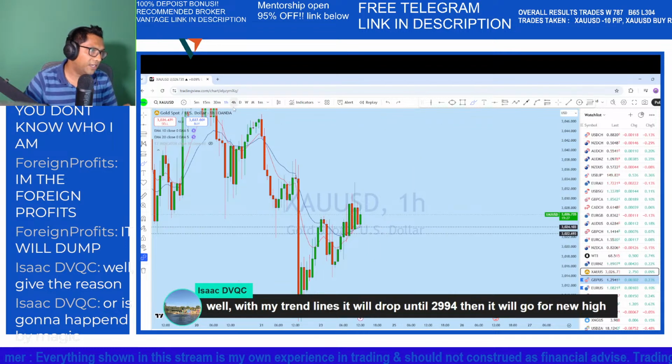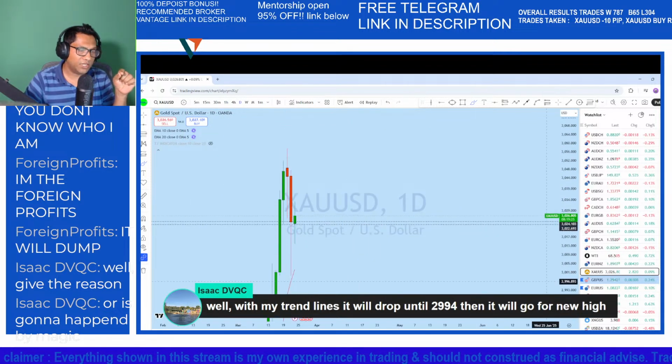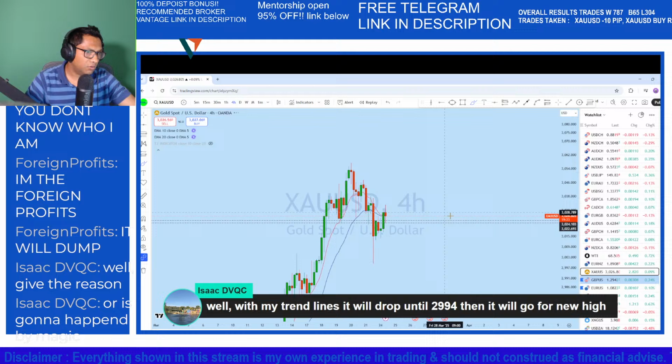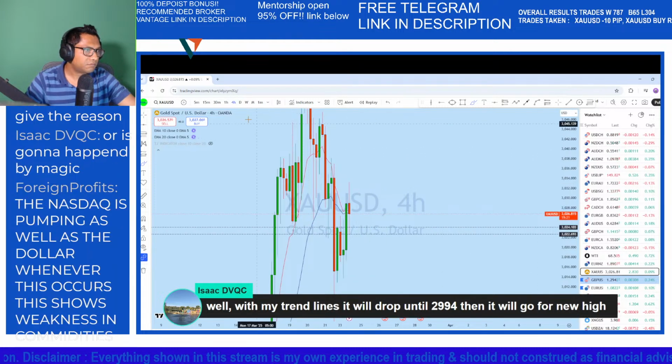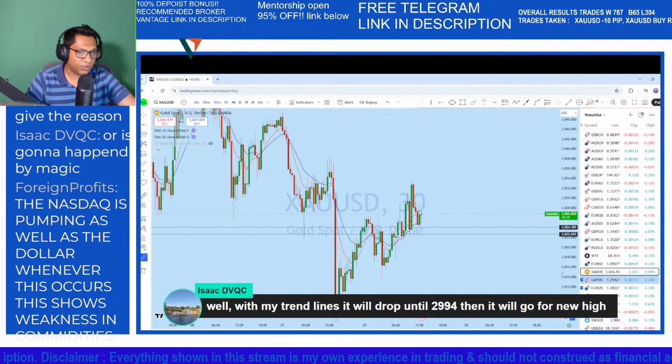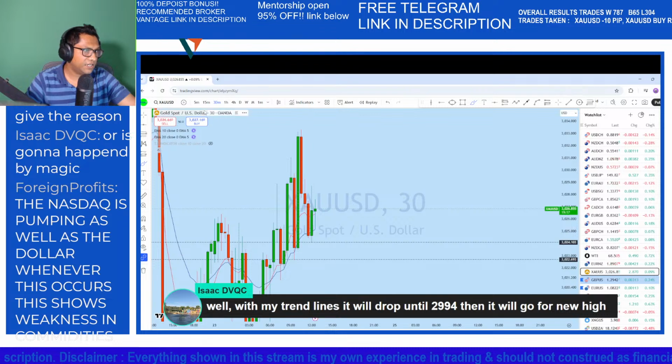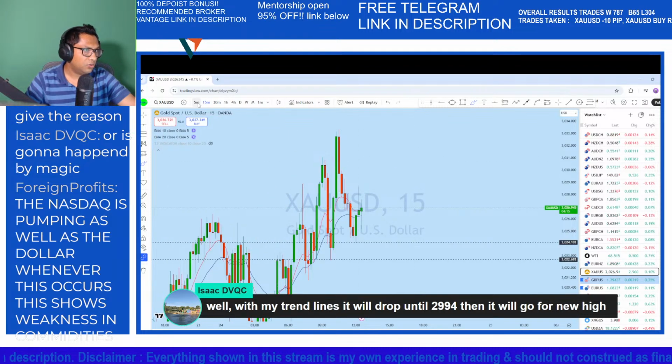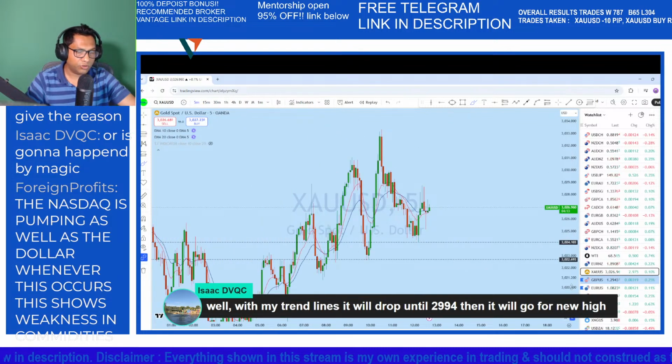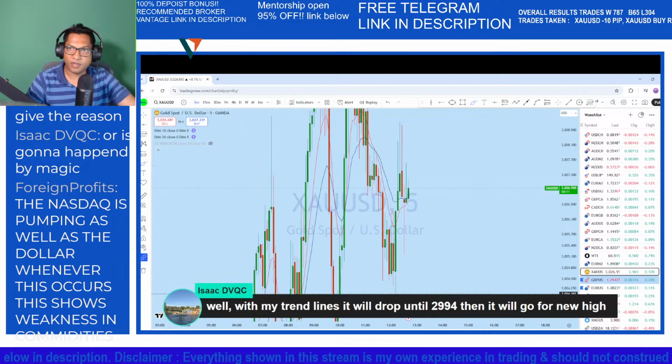That's where we will be waiting to see the market is doing that, especially if you look at the daily here, which is an important support level. And let's wait to see how the market is reacting, and based on that we can look for entry opportunity in this market.